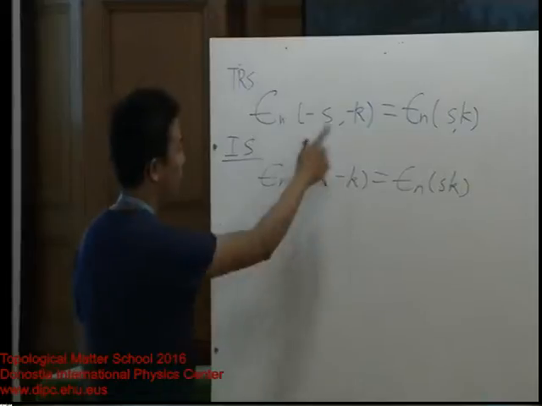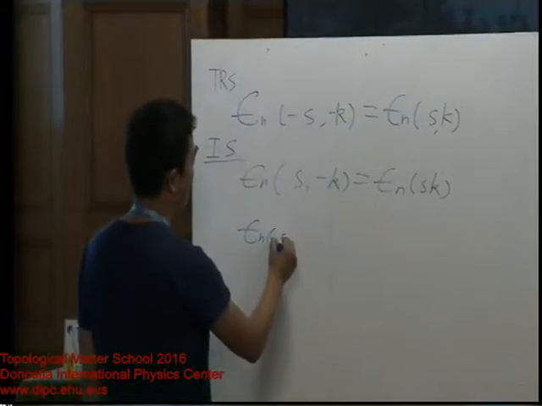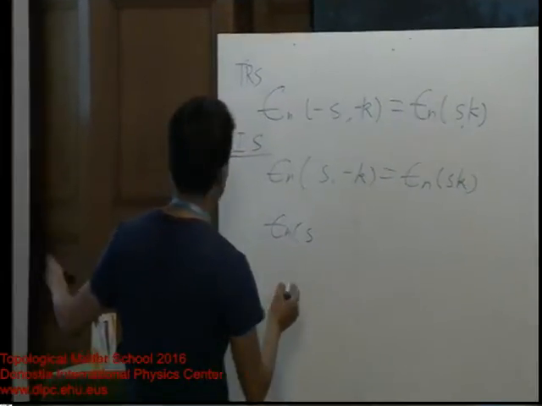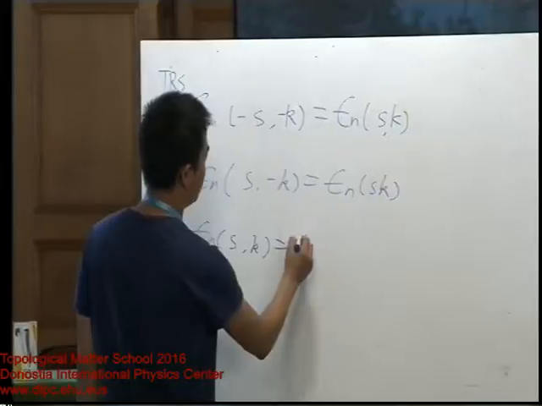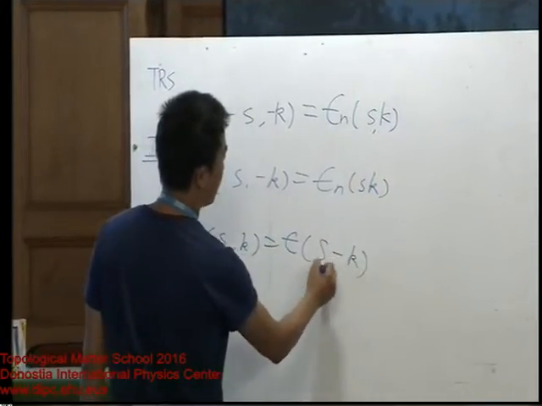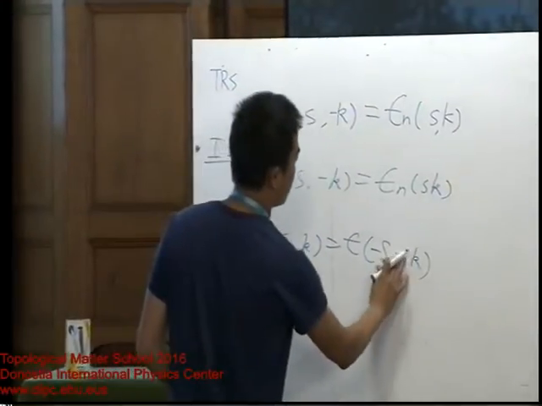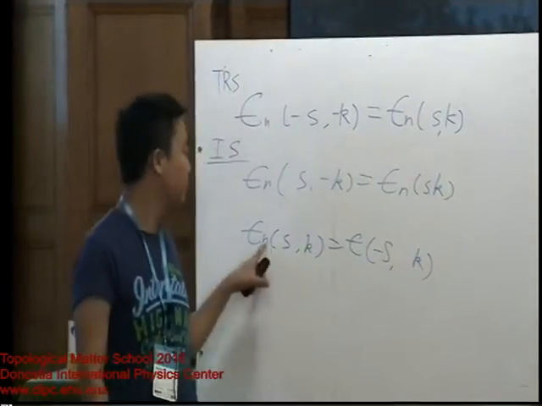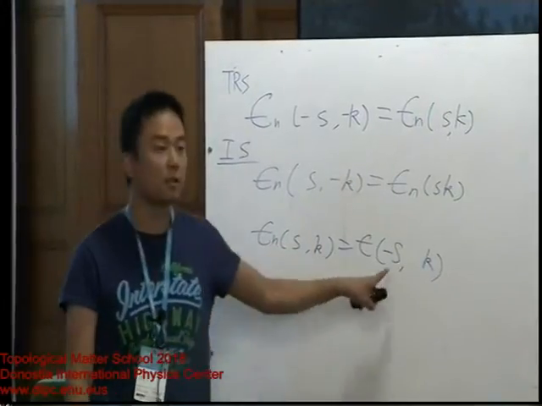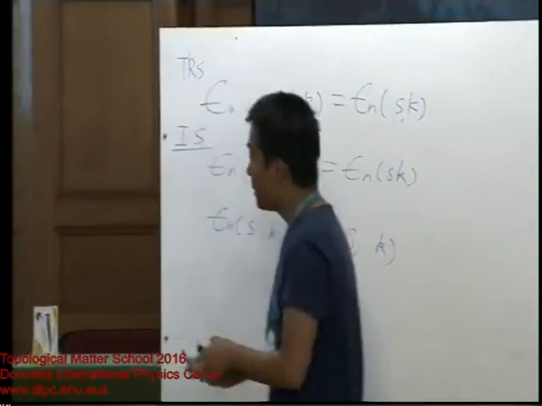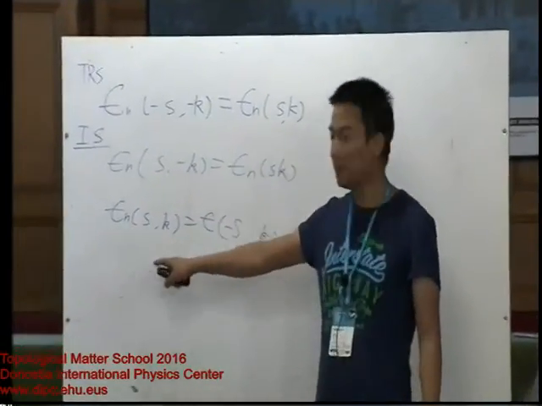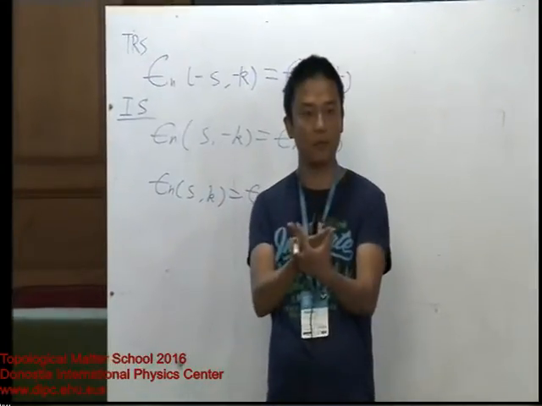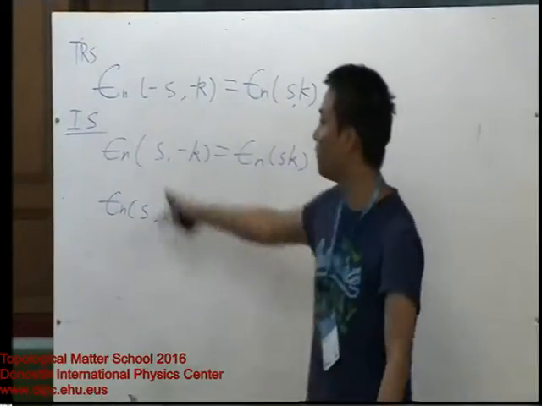Do a little mathematics, and you will exactly have something like this: at the same momentum you will have two states, one with spin up and one with spin down, opposite spin. This tells you that at every momentum it's doubly degenerate. In this band structure, the two spins overlap everywhere if you have these two symmetries together.